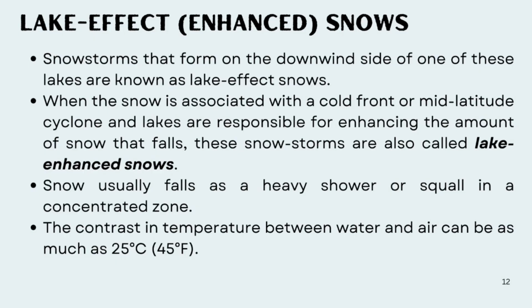So concentrated is the region of snowfall that one part of the city may accumulate many inches of snow, while in another part the ground is bare. The contrast in temperature between water and air can be as much as 25 degrees Celsius or 45 degrees Fahrenheit.